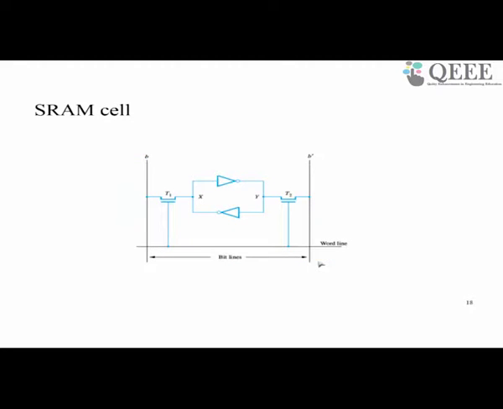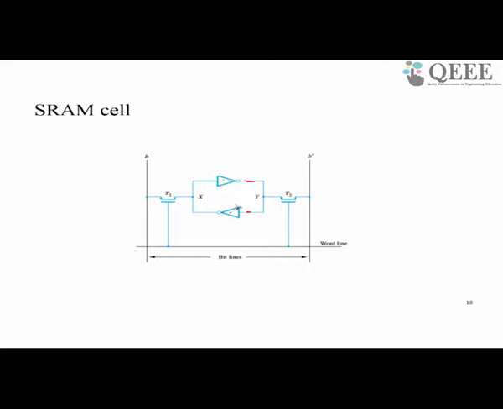Now we will have a look at how an SRAM basic cell works. Basically, it is a cross-coupled inverter logic. Let's say we have two inverters which are cross-coupled. That is, the output of one inverter is connected to the input of the other inverter, whereas the input of that inverter is connected back to the output of the previous inverter.